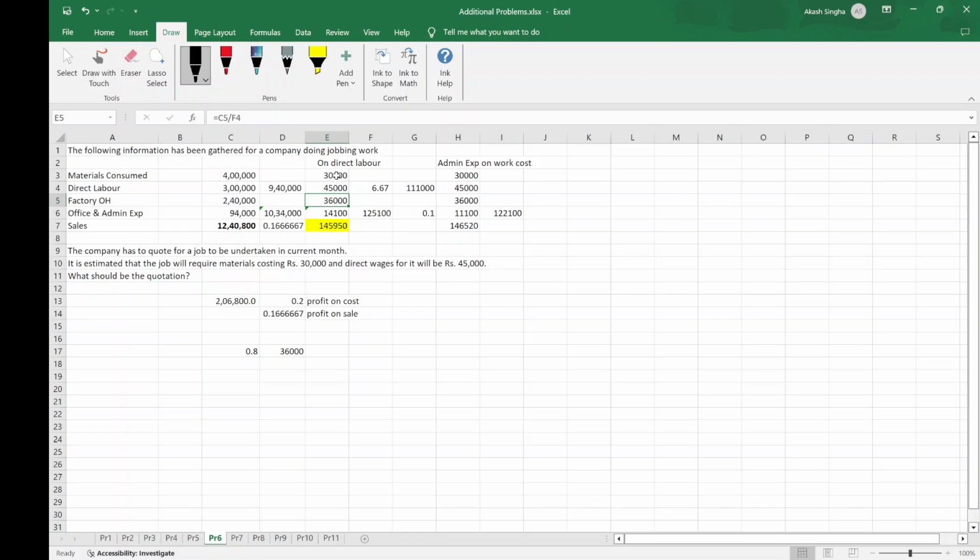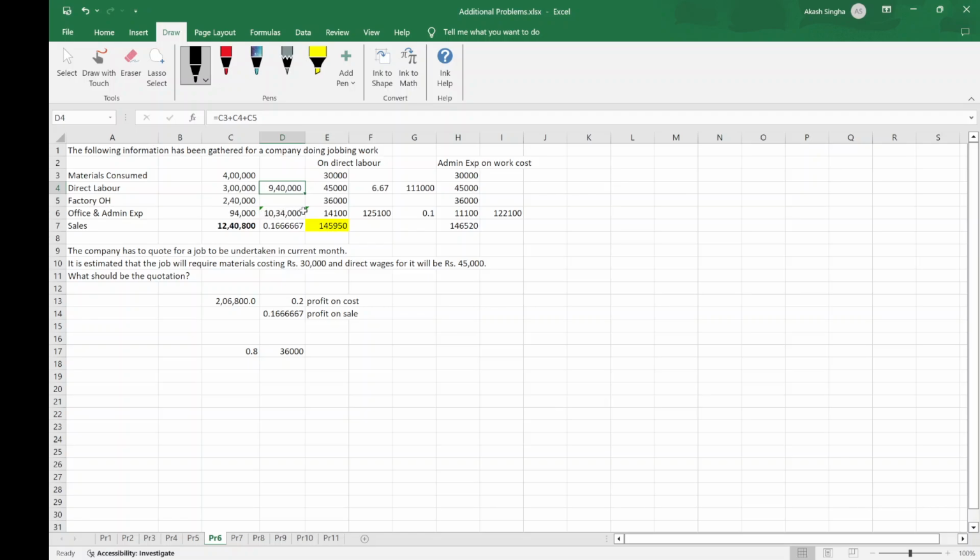Now, if we add these three, we'll get something, I guess this one. And from that, we can use how it was previously, the percentage of office expense of 94,000. As nothing was given, we can also use the direct labor as a part of office admin expense.